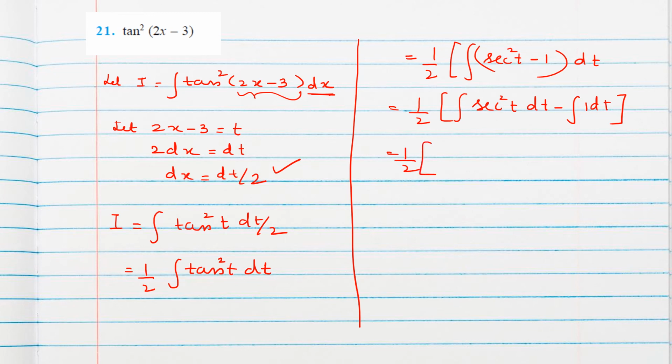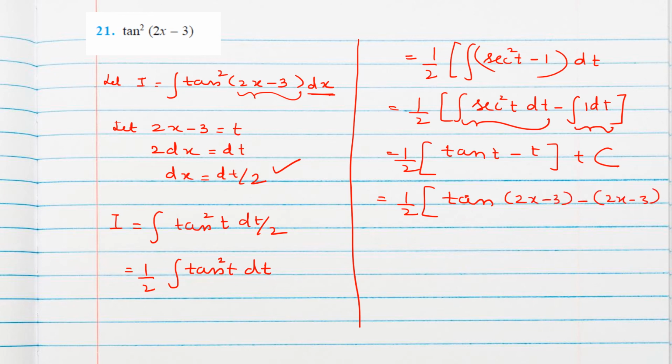For sec square t dt, we directly have the formula, tan t, and the integration of 1 dt means t plus c. So half, tan t minus t, is what? Half of tan of 2x minus 3 minus 2x minus 3, plus c.